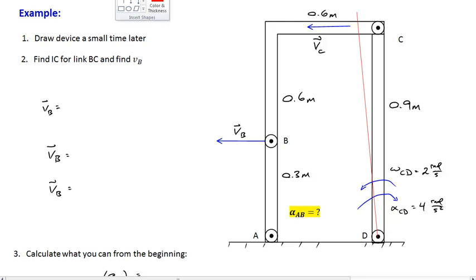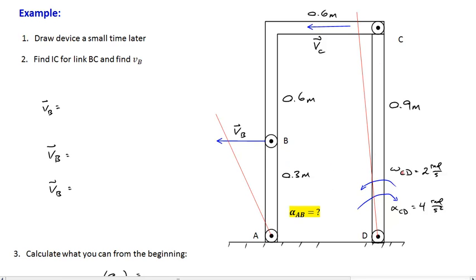It'll move from right to left, but this linkage AB is only a third the length of the distance between C and D. Again, it looks like half the length, but I didn't draw it to scale. So it's really only a third of the length. If I drew another line, what you'll observe is that the angle of AB is actually quite a bit bigger than the angle of CD.